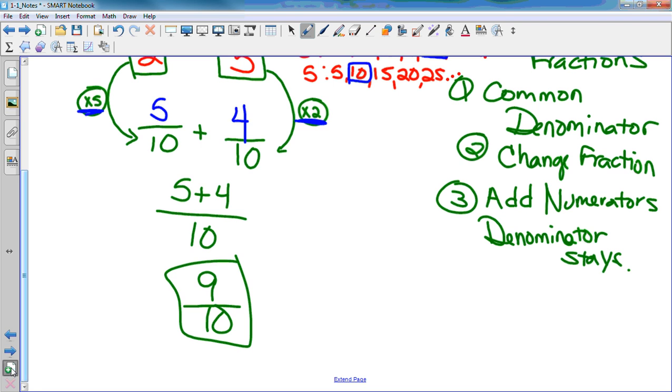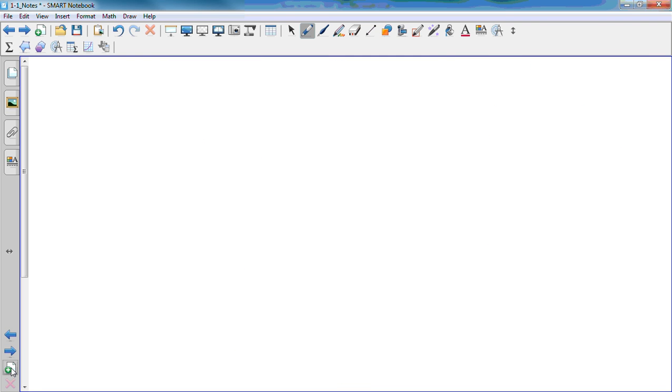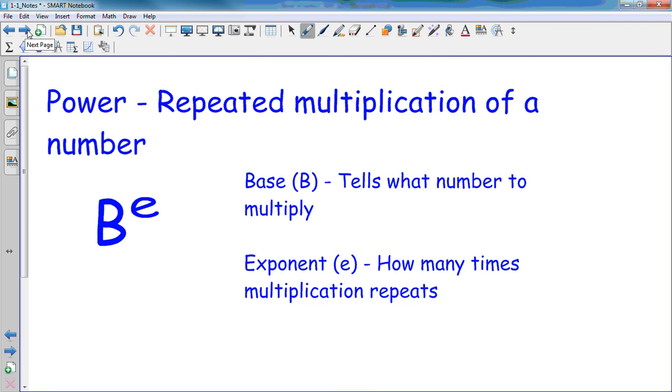Now, powers. Write this down. Power is repeated multiplication of a number.